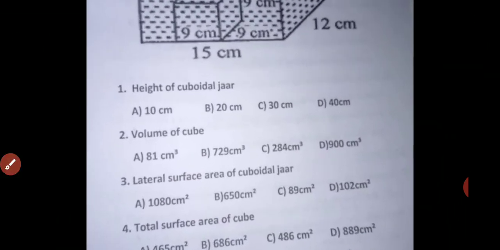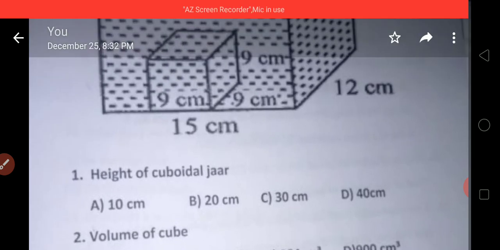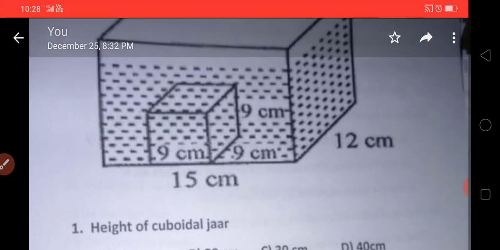Let us check. So this is the first question. Height of the cuboidal jar, you know that height can be found if you have given volume and area. So height is volume by base area. So volume we have given 3600 centimeter cubic, right? Base area means length into breadth, because cuboid is rectangular at the base.